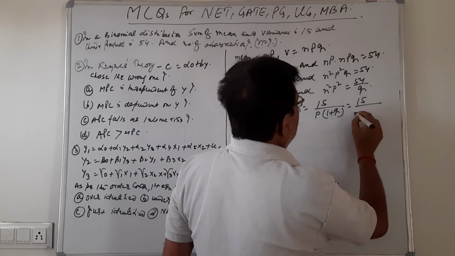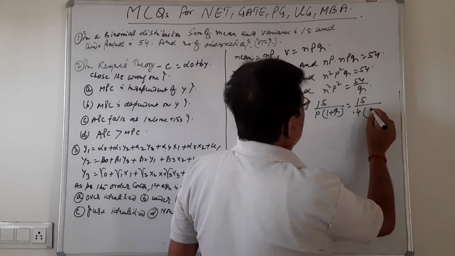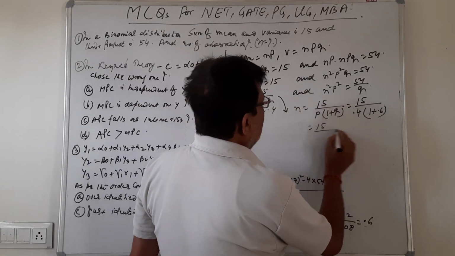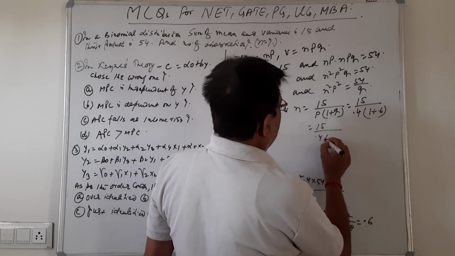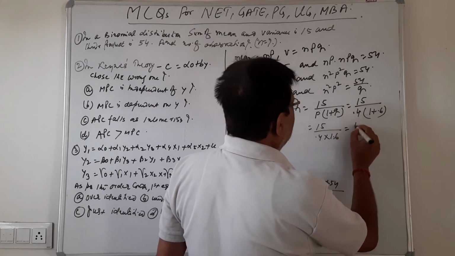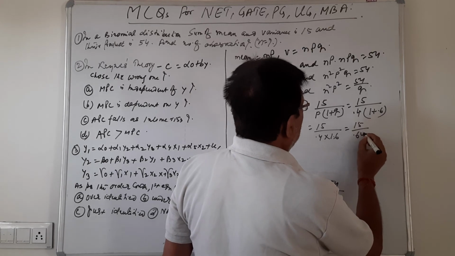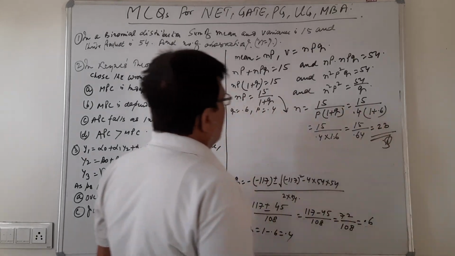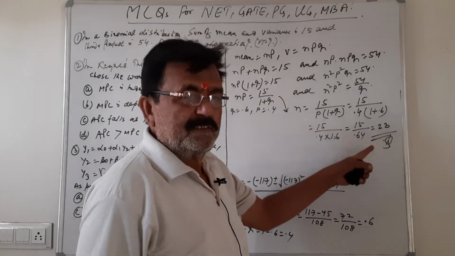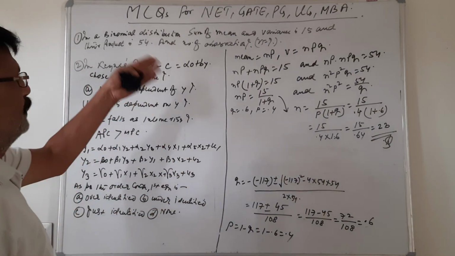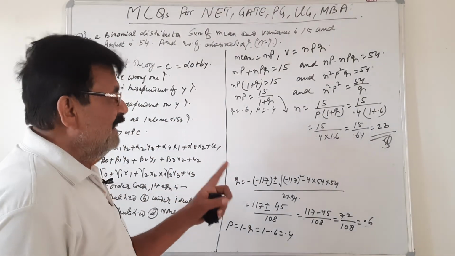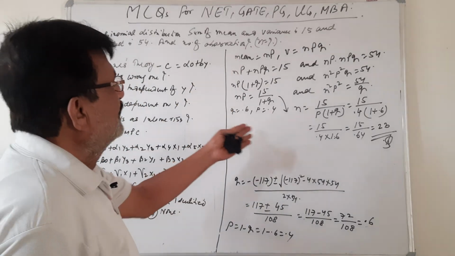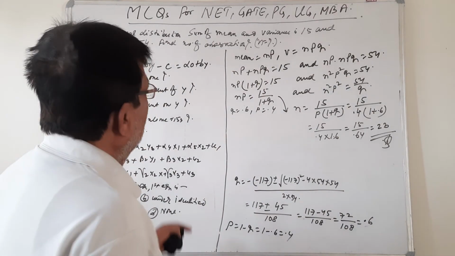That is 15 by 0.4 into 1.6, that is 15 by 0.64, and this comes to 23. So n would be 23. So this is how we calculate in a binomial distribution. If the sum of mean and variance as well as the product of mean and variance is given, we proceed in this way, and this is how we have got the value of n.